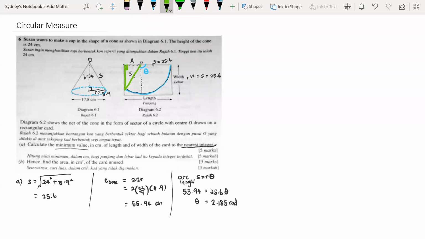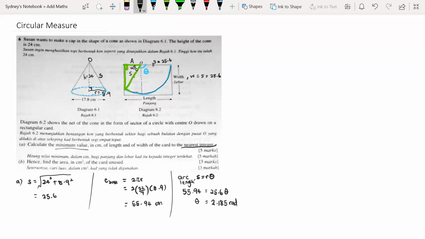If our sector stops at the green line here, that means we have to take up this side, the adjacent side, and the A. So in this case, we can find the alpha here in radian.